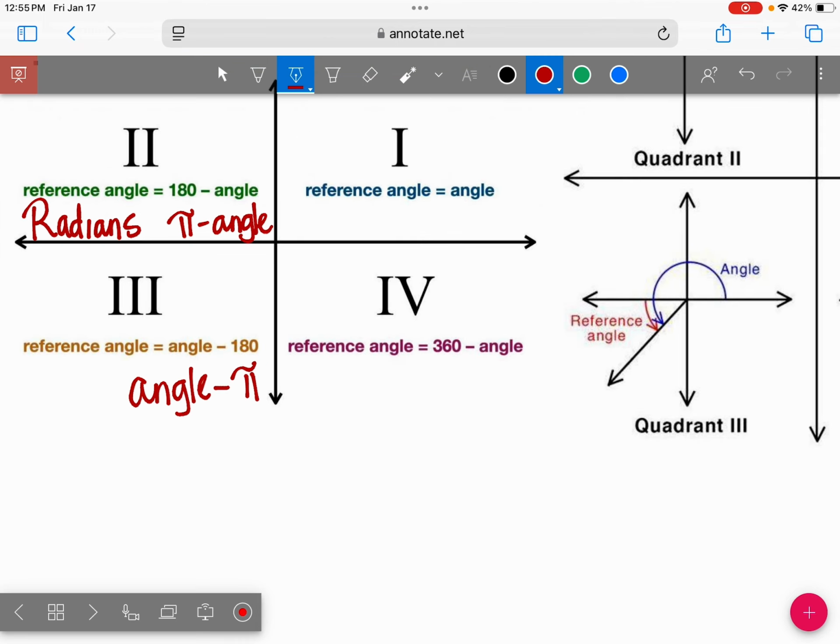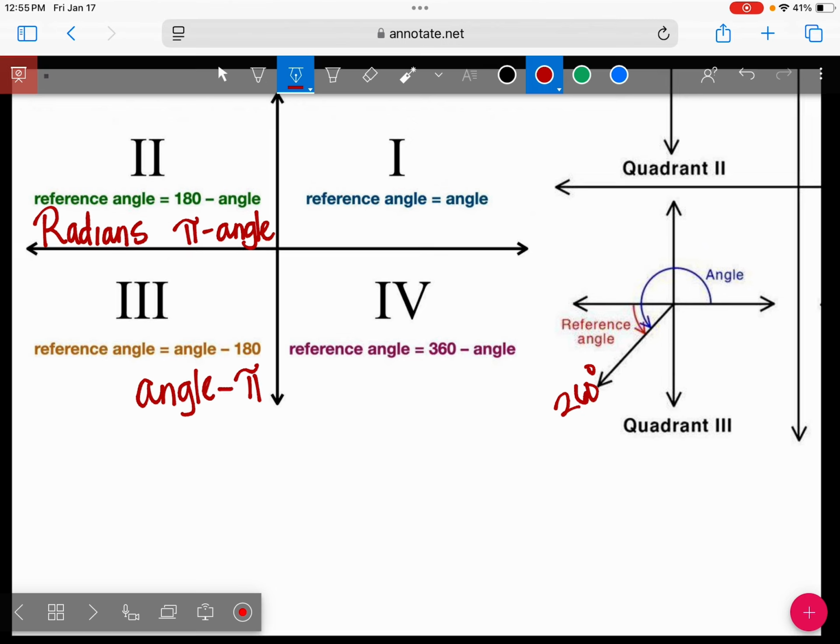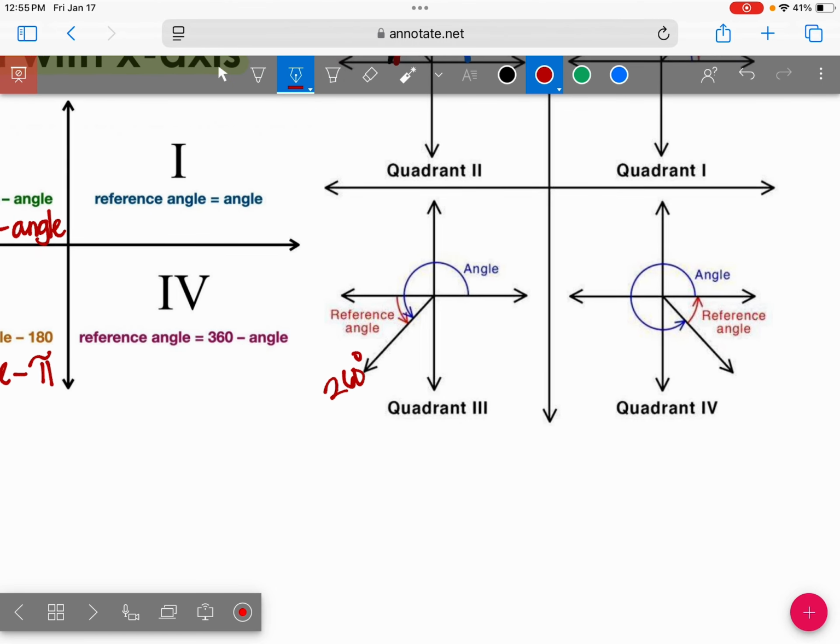So going back to this example, if this was 260 degrees, then you would take 260 minus 180, and that would give you an 80 degree reference angle.